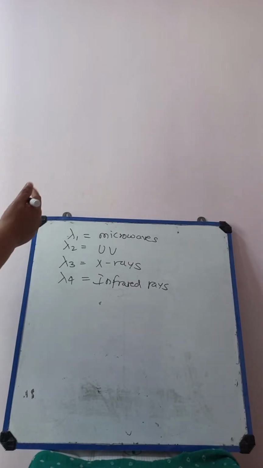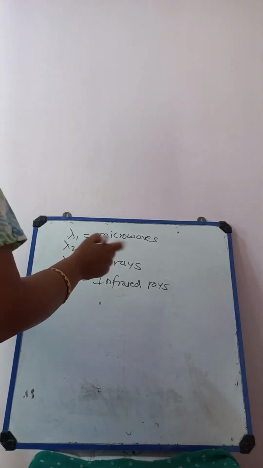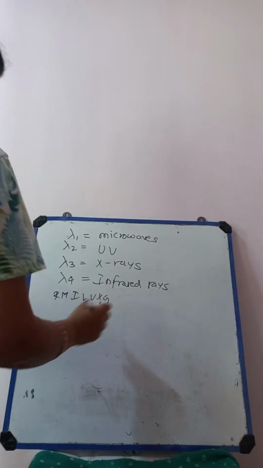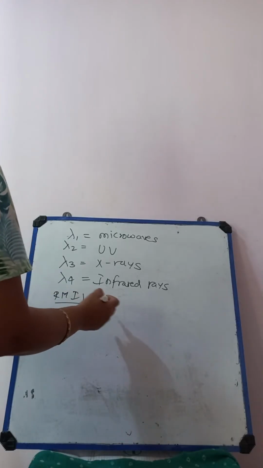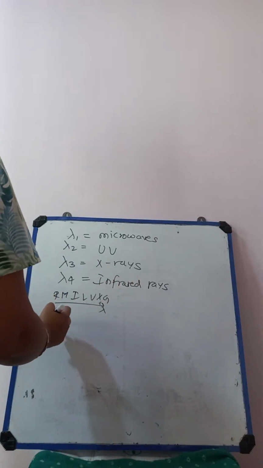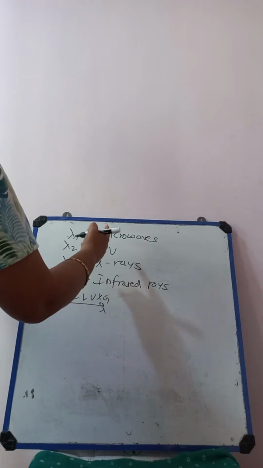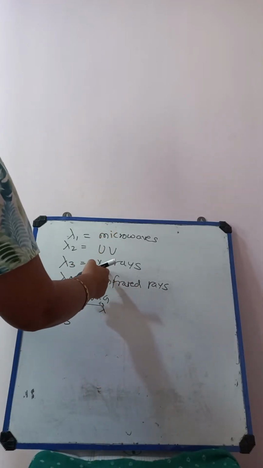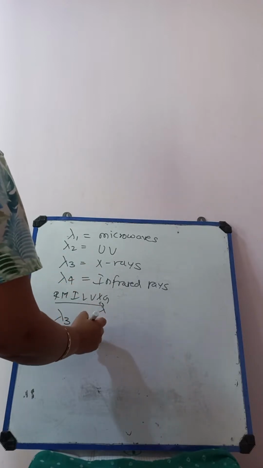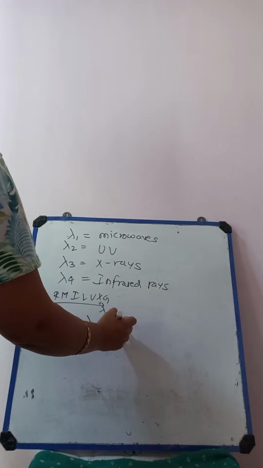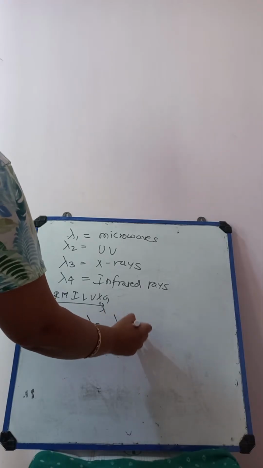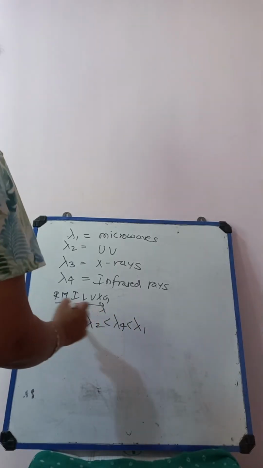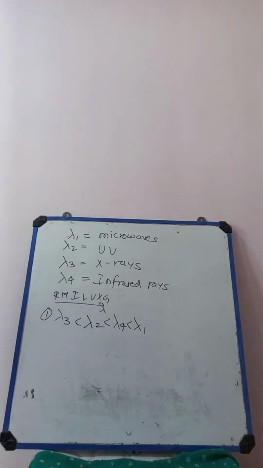Ascending order means X-rays, lambda 3, is the smallest, then lambda 2, then we have lambda 4, and lambda 1 has the largest wavelength. So this is my second bit.